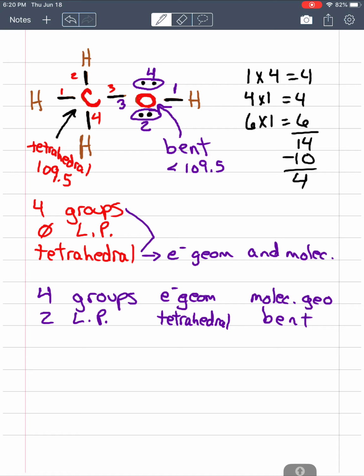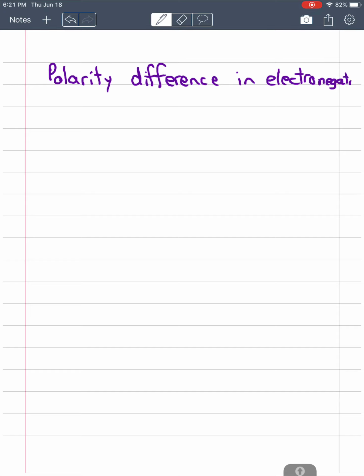Alright, so let's talk about polarity in structures. We talked about polarity before. Polarity is a difference in electronegativity. Let me move that to the next line because I can't write the word there.